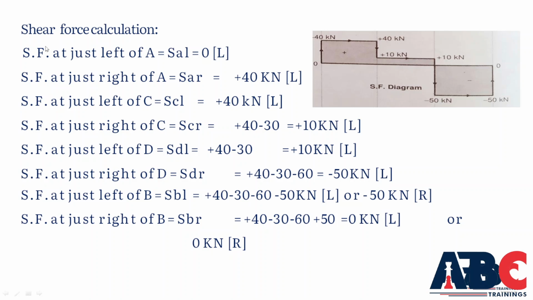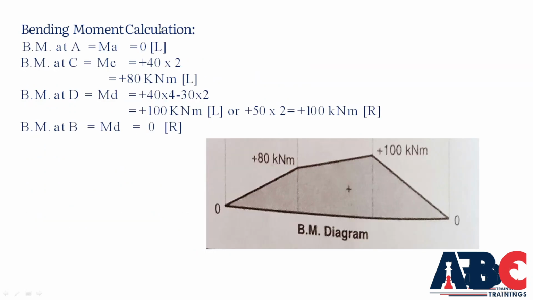Then for the shear force calculation, you can see the shear force diagram on your screen like this. The shear force diagram will come for this beam connected at A and B. Then next is the bending moment.